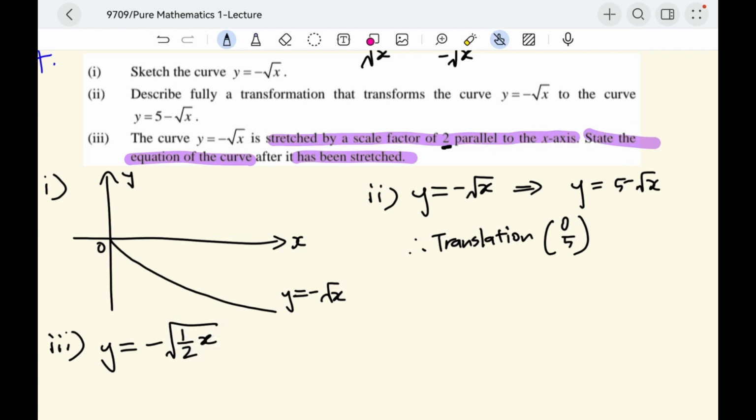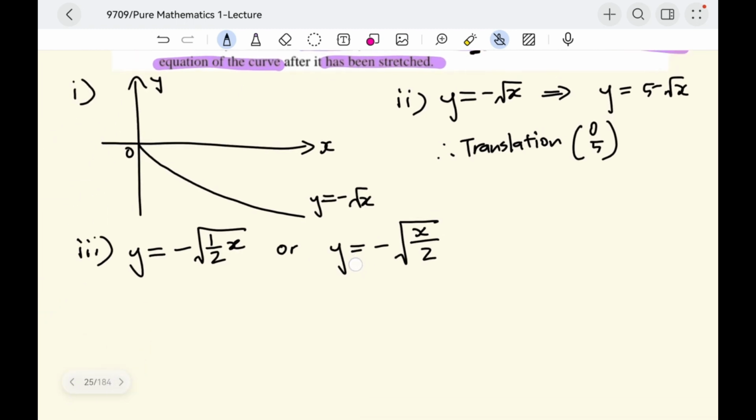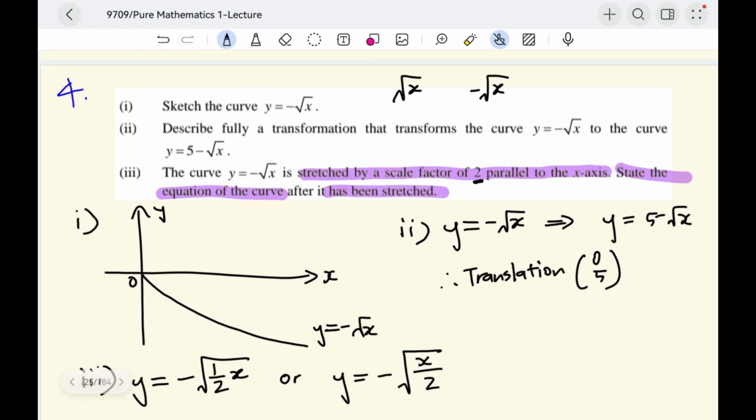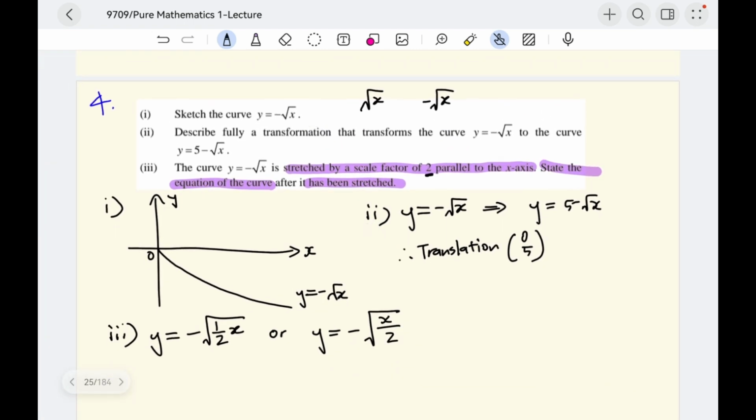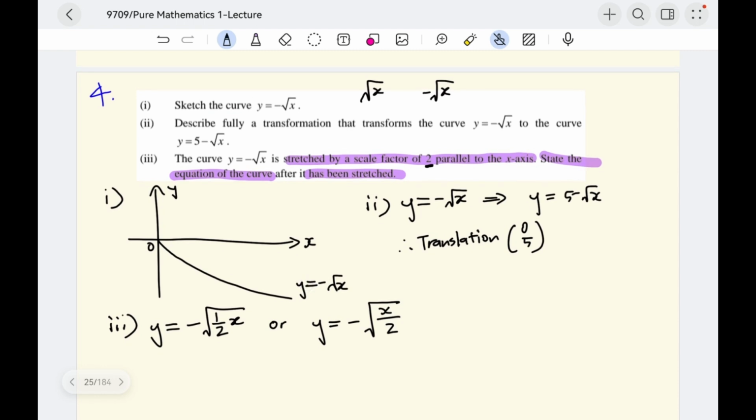Just substitute x by your half x. That's all. Or you can state y equals negative square root of x over 2. It's also acceptable. Anyway, these two forms are equal. All right. So that's the end of the discussion for this question.